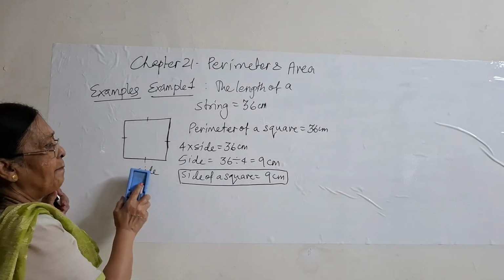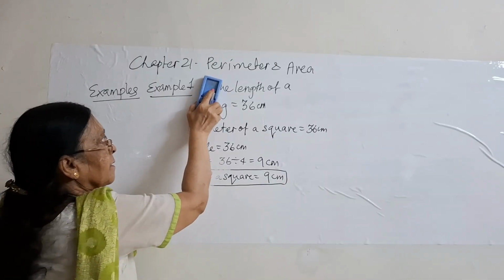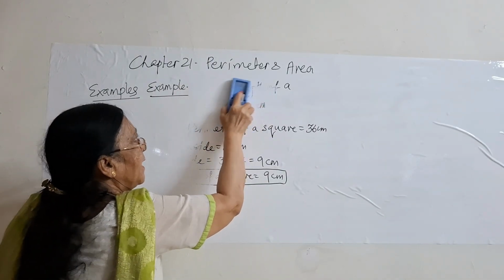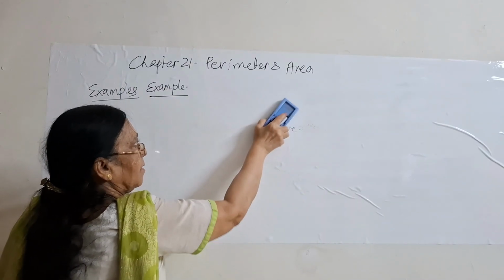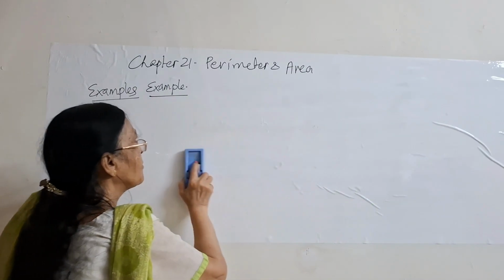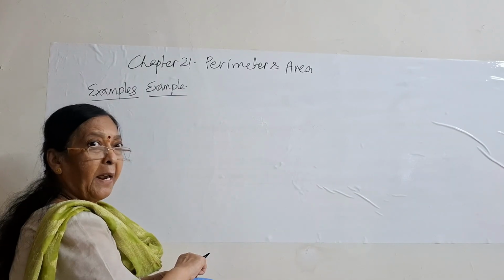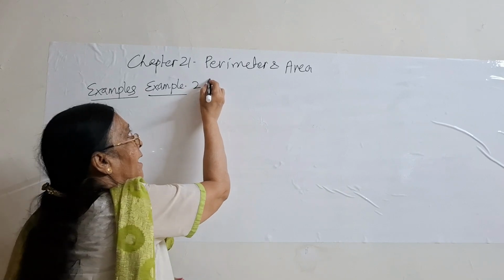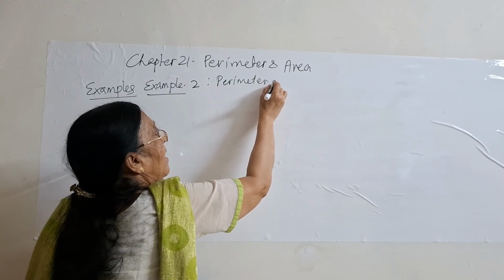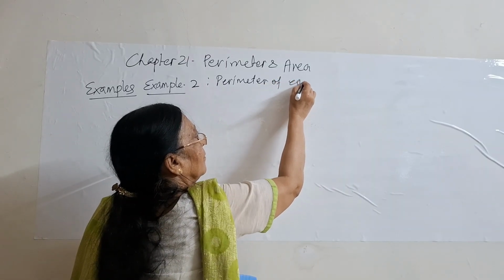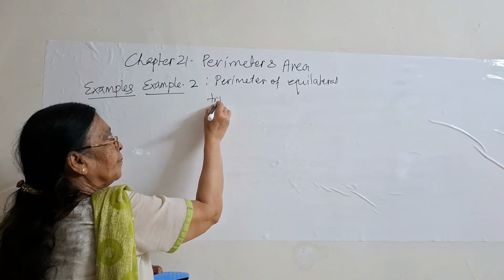The second example: here we have to find the perimeter of an equilateral triangle with its given side. So the second example is about the perimeter of an equilateral triangle.